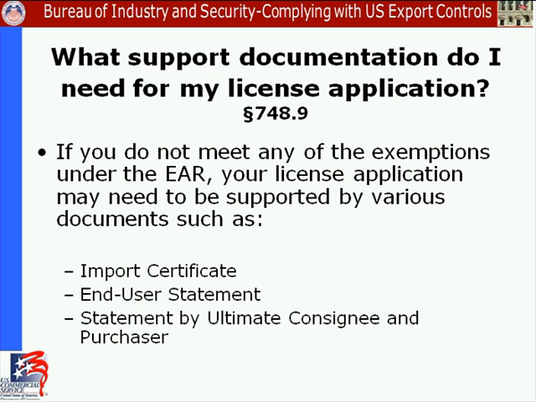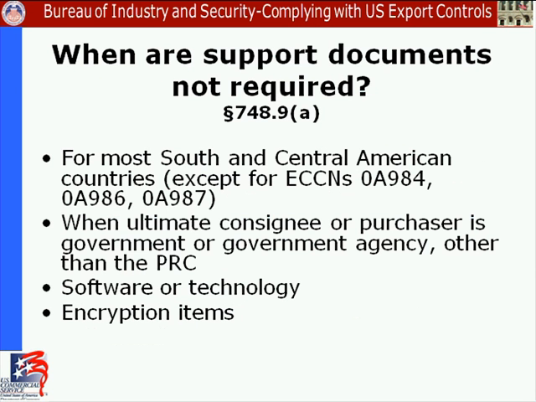That's where you'll see the guidance that we'll cover during this presentation and how it may pertain to your particular transaction. Basically, you'll need either an import certificate, an end-user statement, or the statement by ultimate consignee and purchaser in support of your export license application. And which one of those would apply would depend on these factors that we're about to discuss now. Basically, your destination, your dollar value, and the reason for control of the item in question.